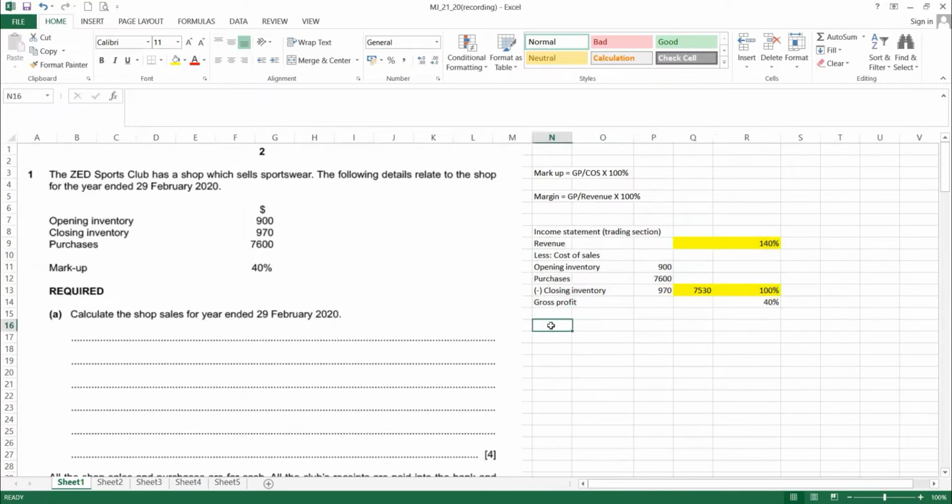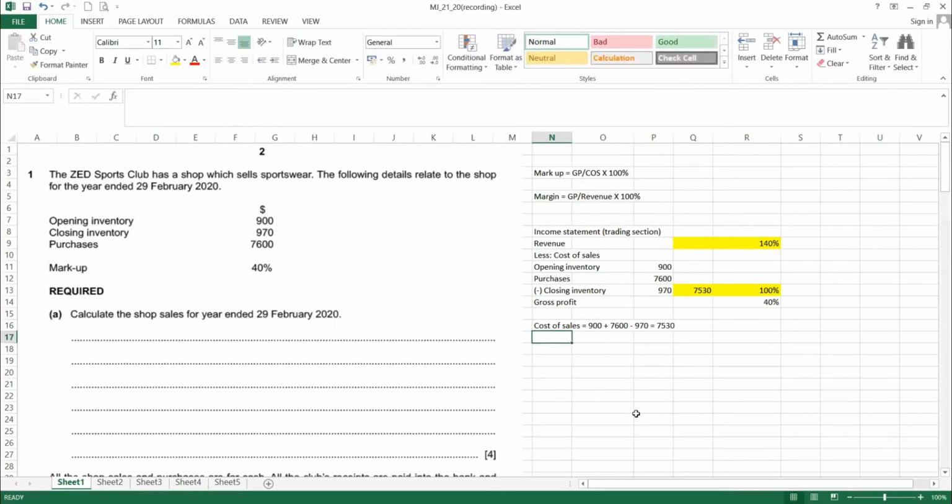Or another way is you use the calculation method. Then you put in cost of sales equals 900 plus 7,600 minus 970 equals 7,530. This is the cost of sales.